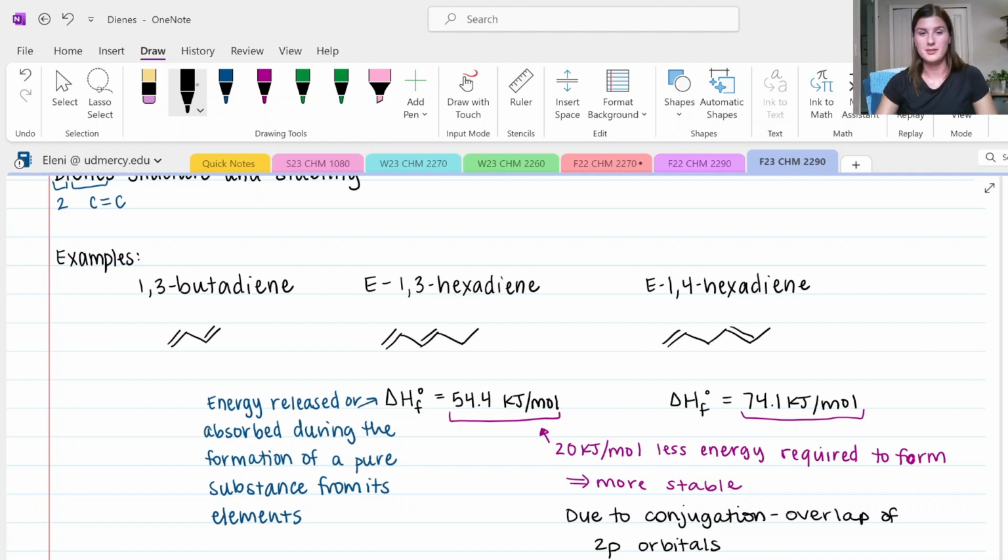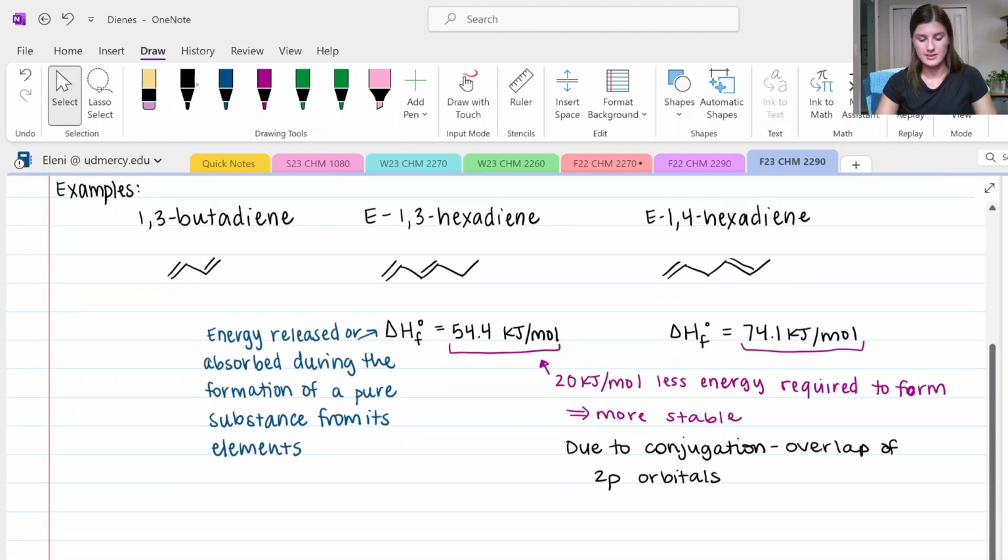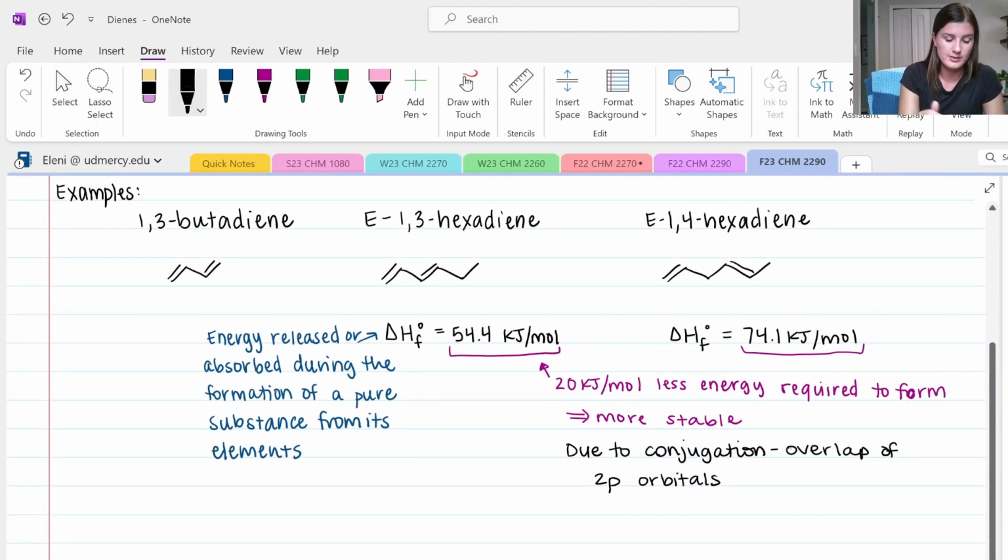It's just a little bit simpler than 1,3-hexadiene since we have 2 fewer carbons. But let's investigate this molecule, use what we know about the molecule to understand why conjugation is present and why that's more stabilizing for that molecule.